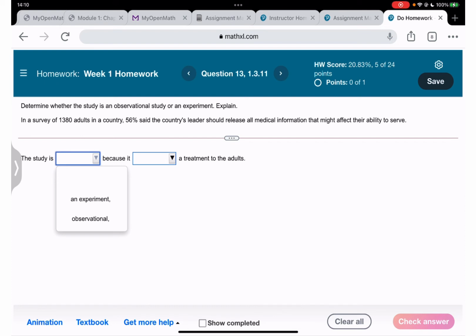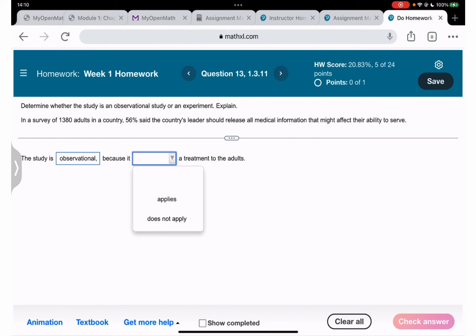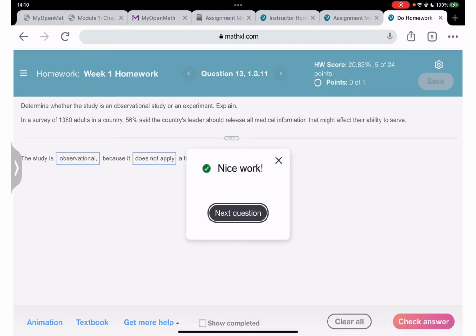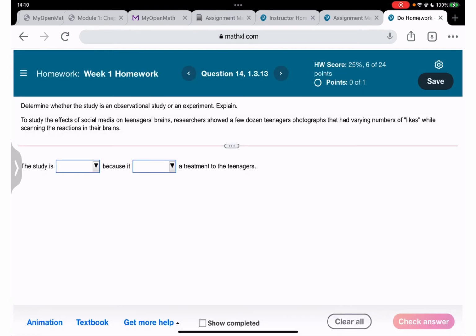You are observing the result of the documented medical condition, because it does not apply a treatment. This has nothing to do with treatment, right? Very good.